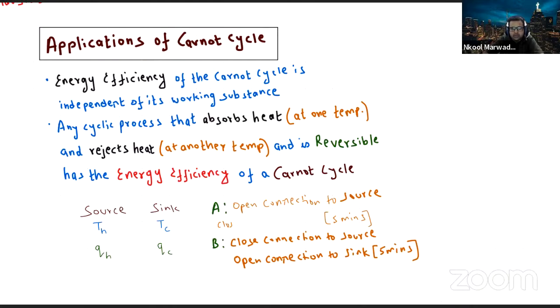It will absorb heat energy. In the next 5 minutes, it will cool. It will lose its energy to the sink. Every alternating 5 minutes, both the processes are taking place: absorption of heat and rejection of heat. And it will keep on cycling.